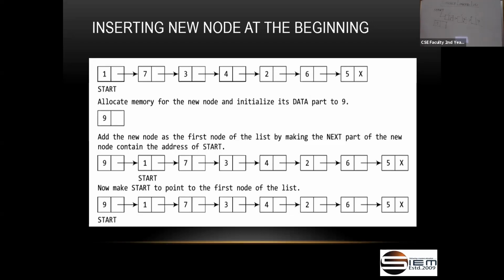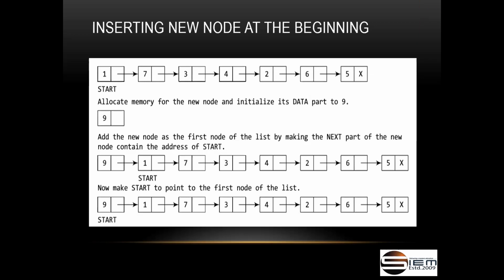So there will be 2 joinings. One joining will be with this node. Another joining will be with start. So which joining should be first? That you have to think about.